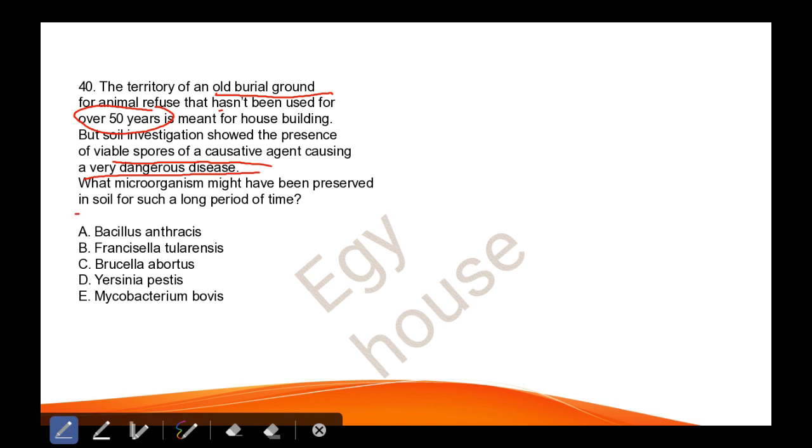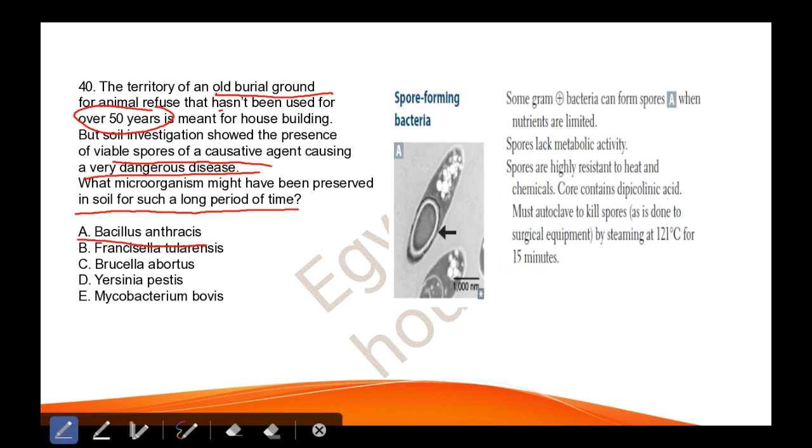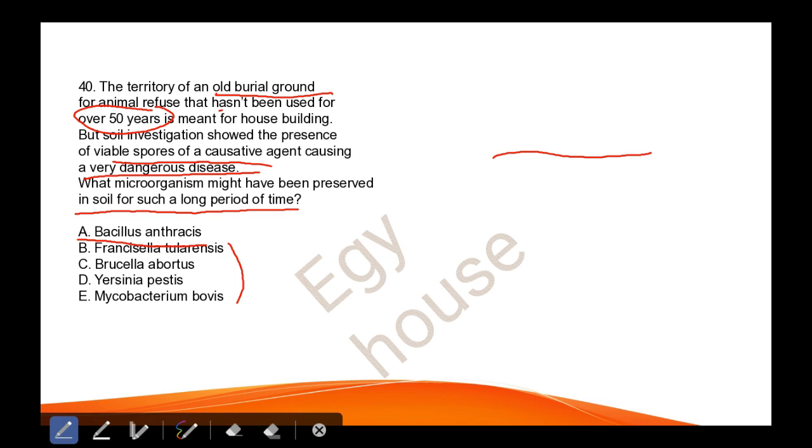The bacteria in the soil that can be present and alive for a long period of time is Bacillus anthracis, and the spores help the bacteria survive when there is a lack of nutrients and heat, or lack of metabolic activity. And these bacteria are also spore forming.